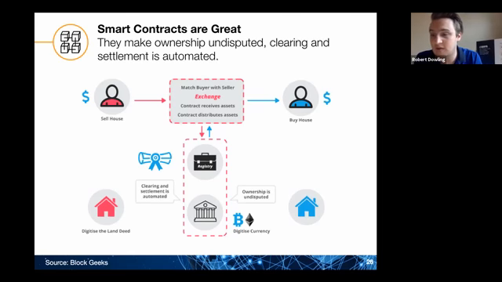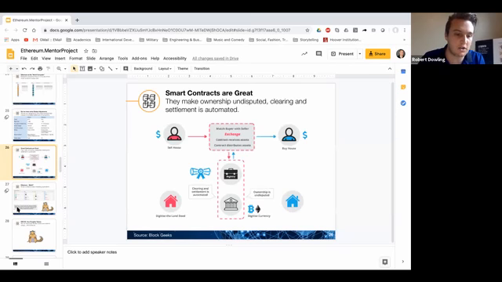And once that smart contract receives that paperwork, it effectively executes the contract. So that's a really, really interesting use case and an example of what you can do with smart contracts.